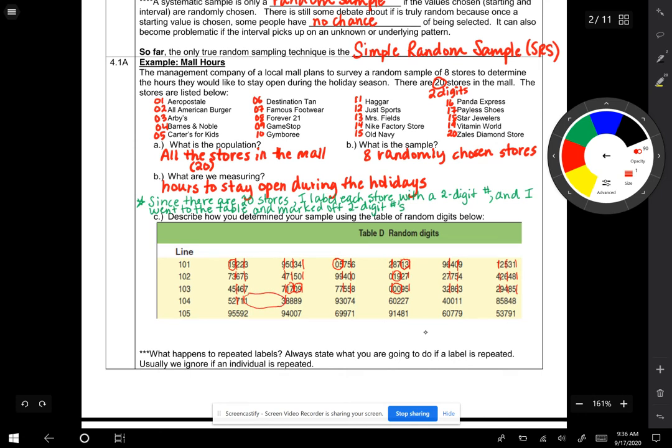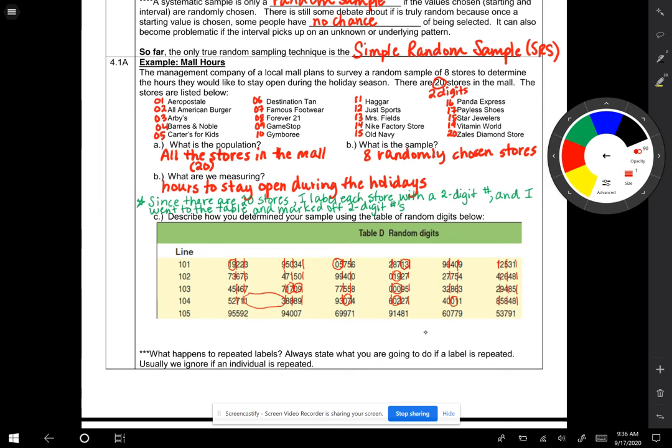I feel like I have enough, so I might stop. All right, so let's write down some of these numbers.